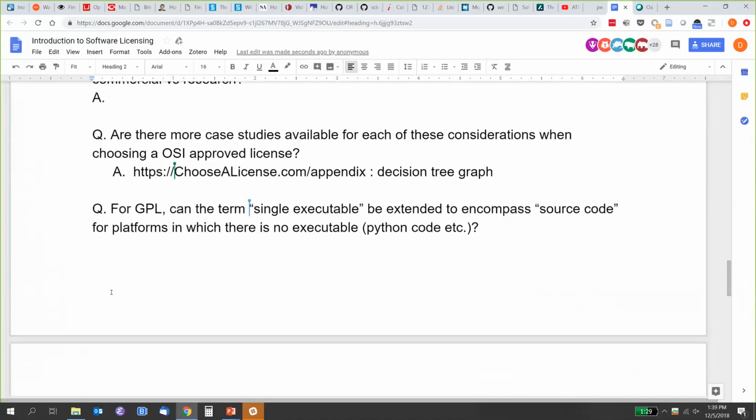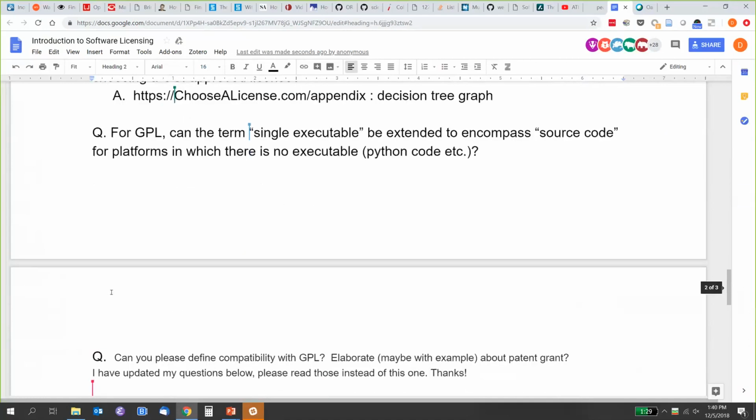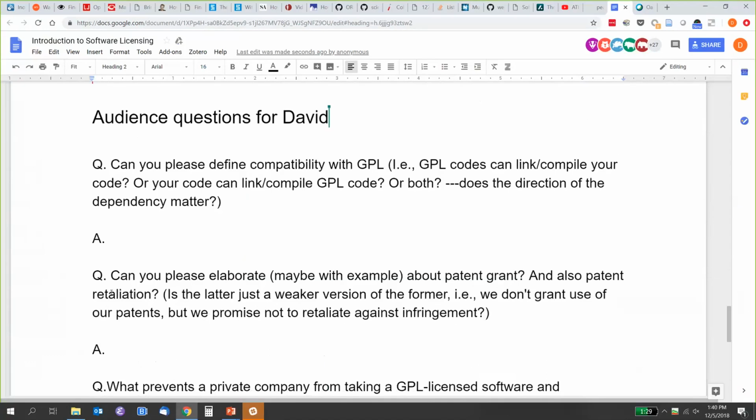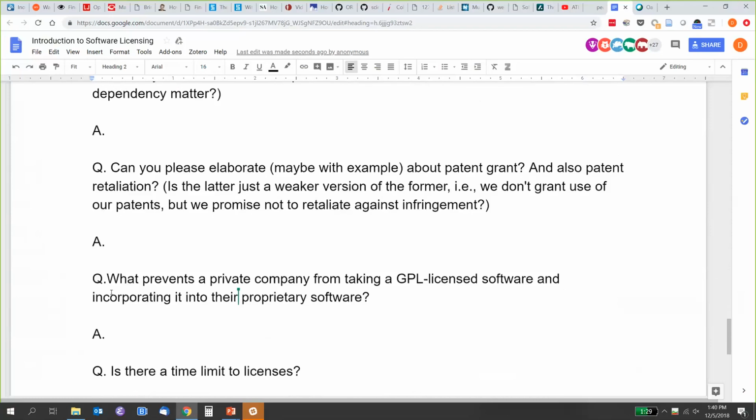Let's see. So I'll talk more about compatibility. I'll talk a little bit more about patents.